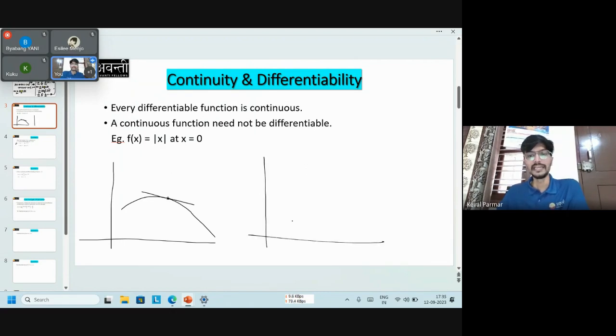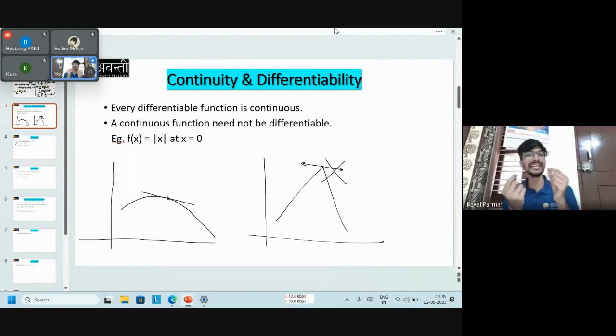But if my graph has an edge, a sharp turn, then is this a tangent to the graph? I don't think it is a tangent. That means on a sharp turn, we cannot draw a tangent. So this is another way to interpret differentiability.